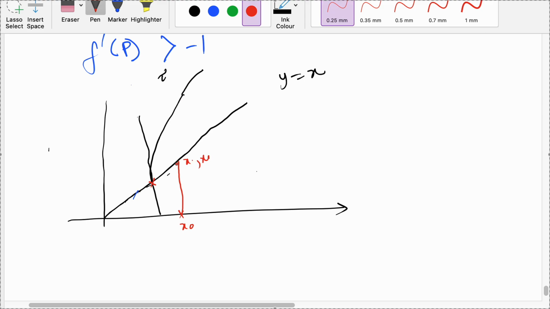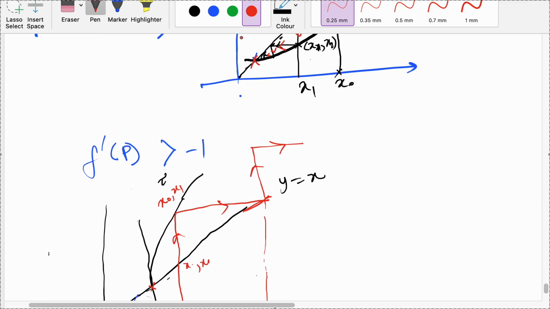Now if I go upwards, I'll hit this point. So this is (x0, x1). So here somewhere will be my first iterate x1, and if I now continue, you can see from here to here it goes, and here to here. Now you see that from the initial condition it actually goes further away from the fixed point if f prime p is greater than 1.